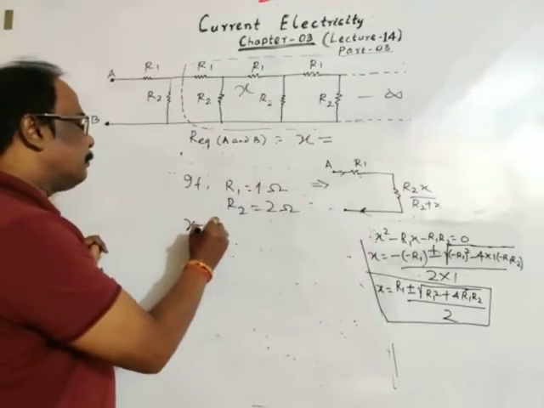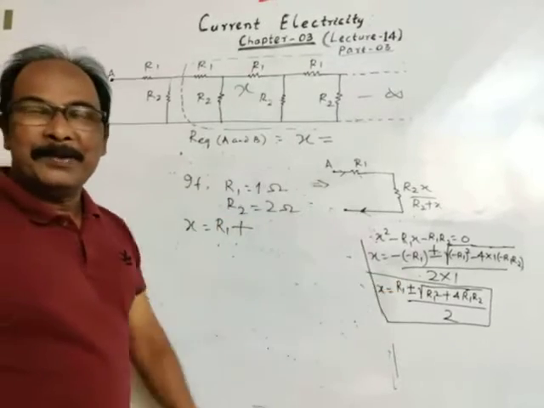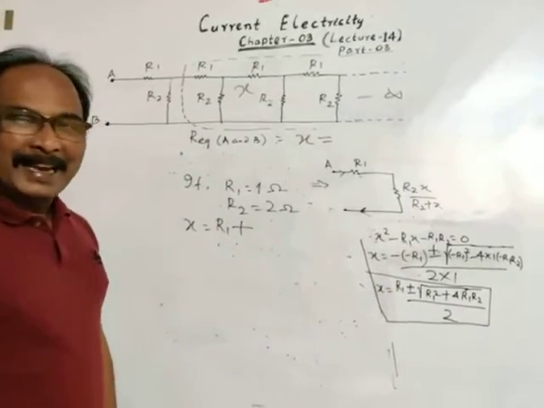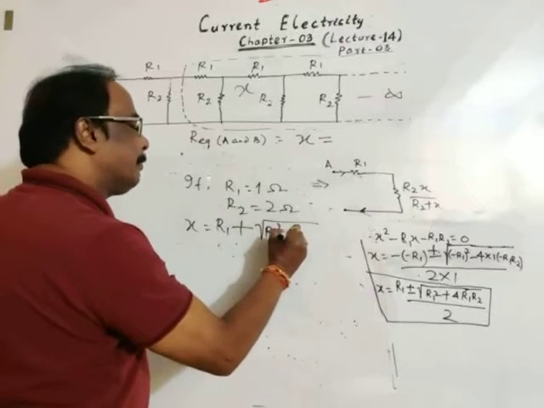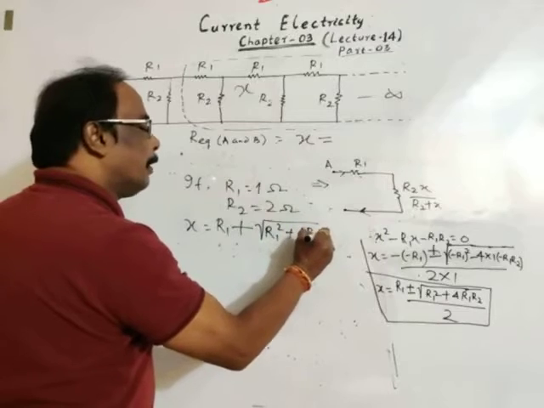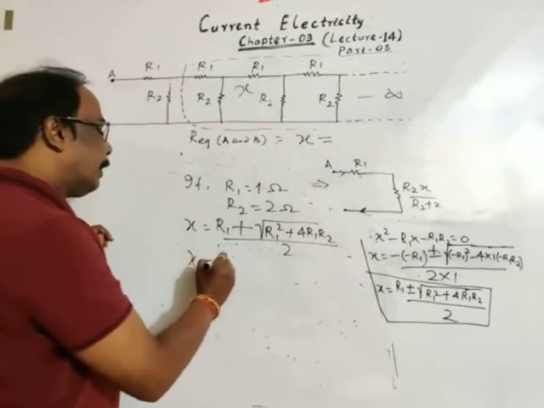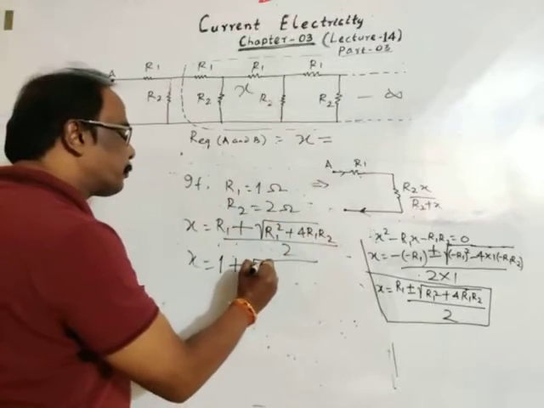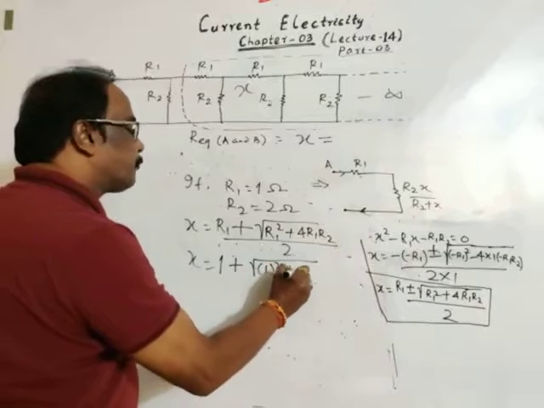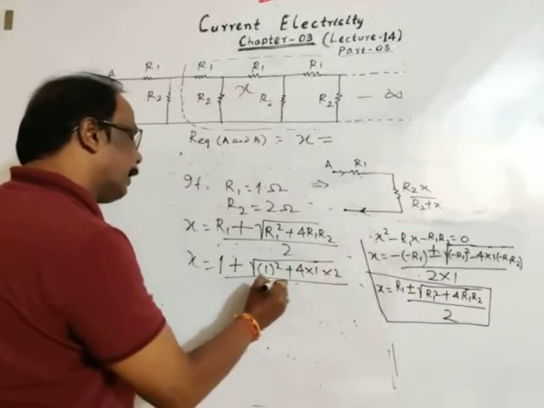X is equal to R1 plus minus, we will take plus because resistance can never be negative, square root of R1 square plus 4 R1 R2, whole divided by 2. Now solve it. R1 is 1 ohm plus square root of R1 square means 1 square plus 4 into R1, which is 1, into R2, which is 2, whole divided by 2.